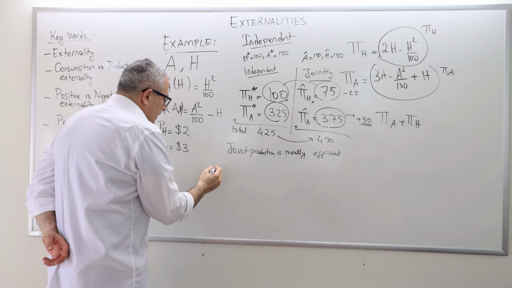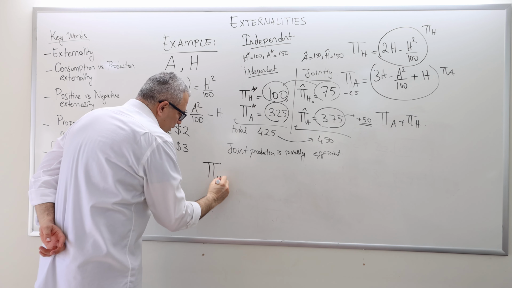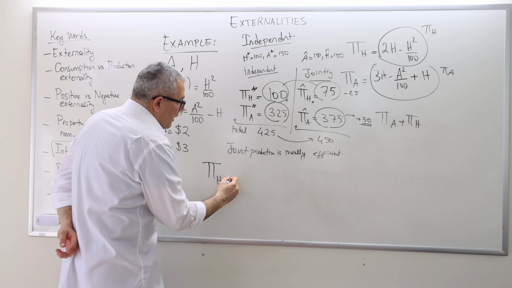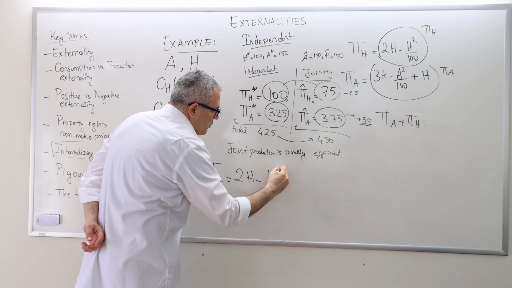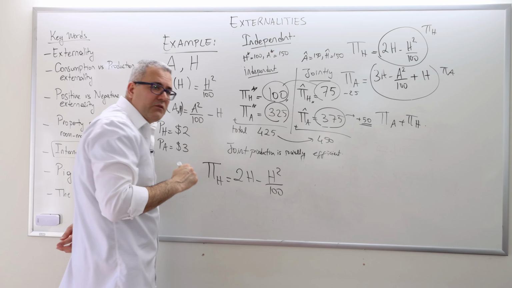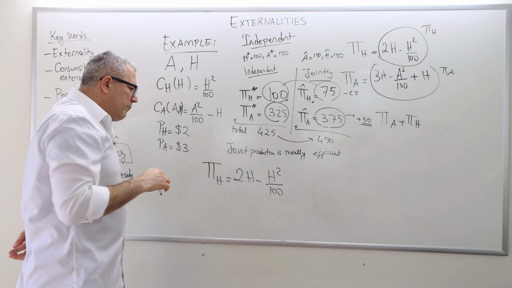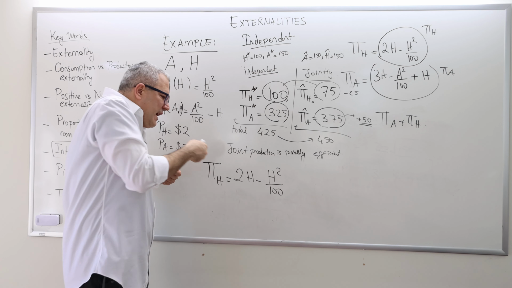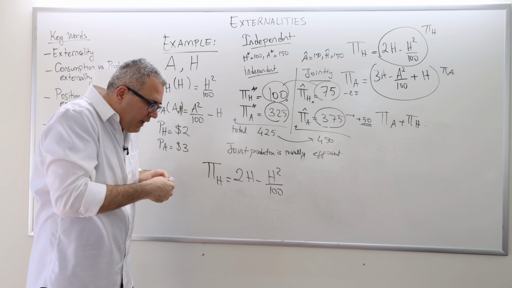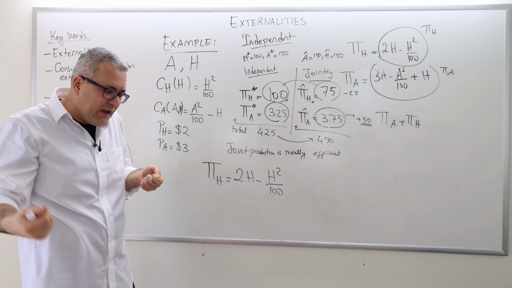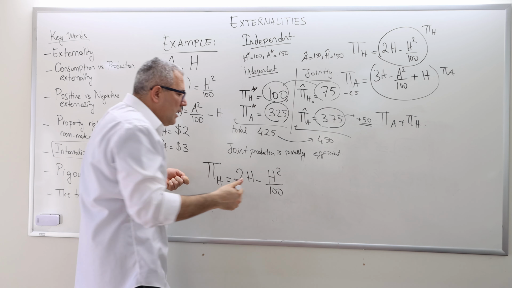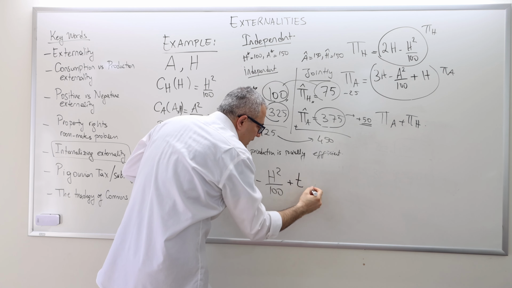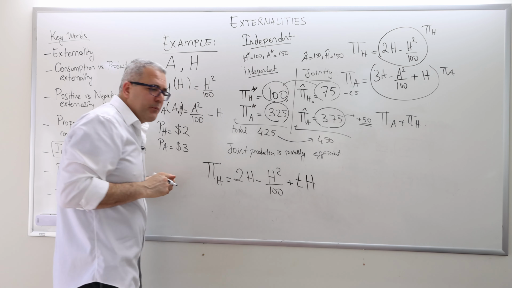Well, the honey producer's profit is 2H minus H squared divided by 100. Agree? Because it's producing honey, and that honey production positively increases the profit of the apple orchard, we have to subsidize this producer.